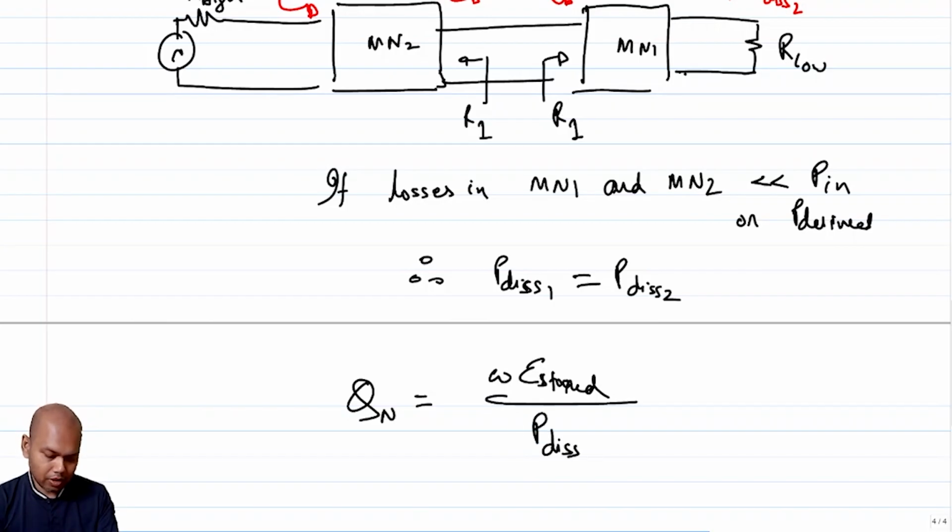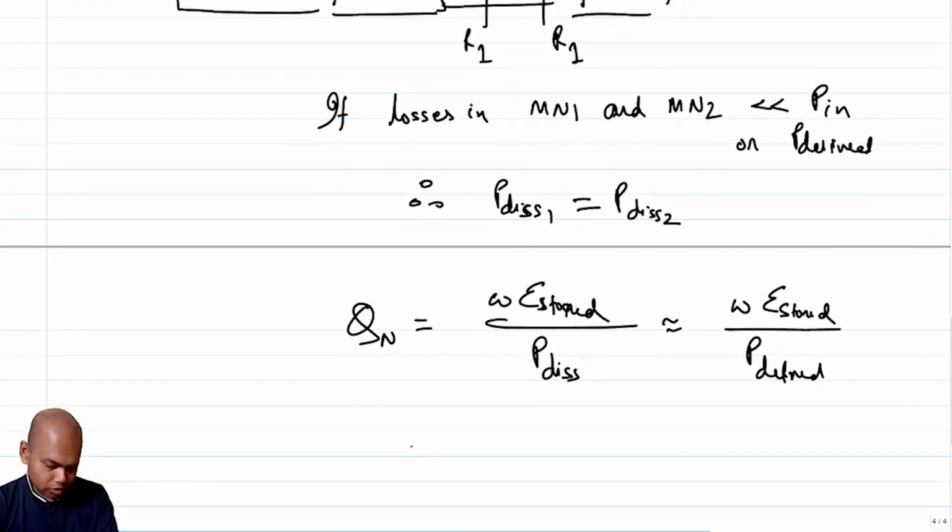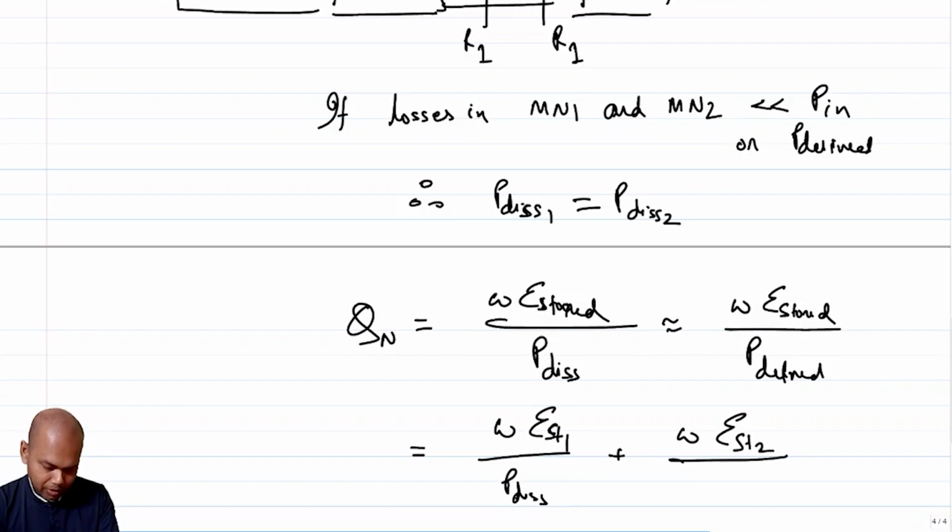And this power dissipated is the same as power delivered to the load, mind you, because we are talking about a network Q. So this is approximately omega times energy stored by power delivered. So omega times energy stored is omega times energy stored in 1 over power dissipated, plus omega times energy stored in the matching network 2 over power dissipated.